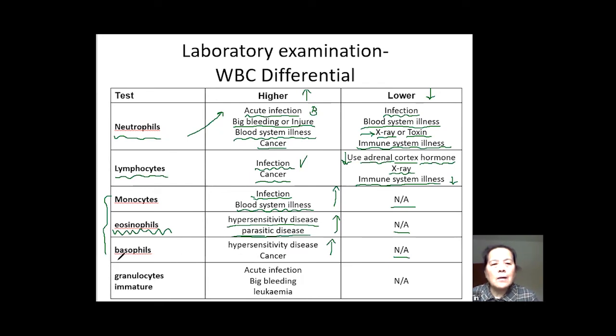And the others are still possible to increase with allergic reactions and also possible with cancer. So that's the 5 different kinds of white blood cells and their functions.